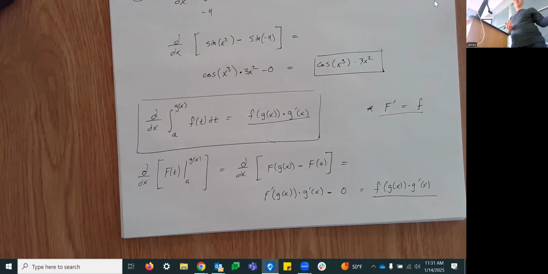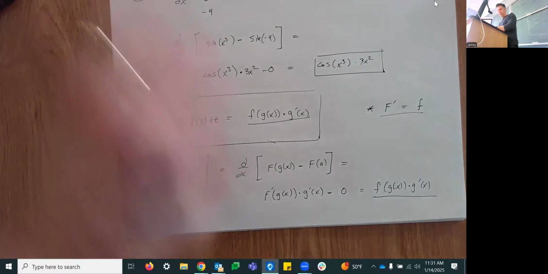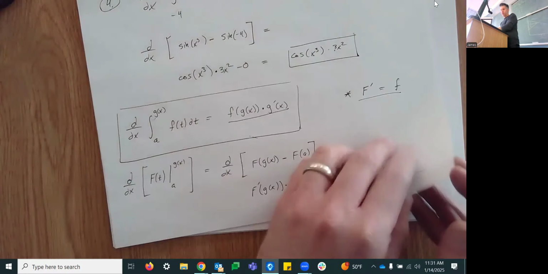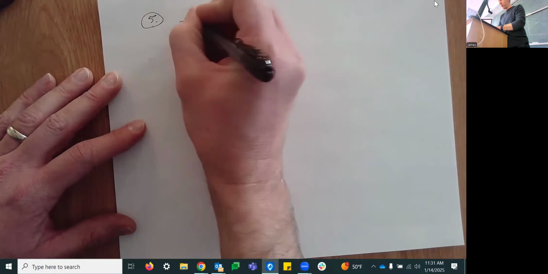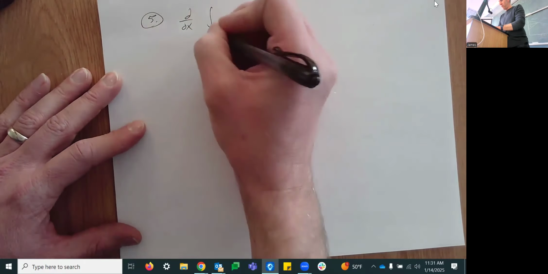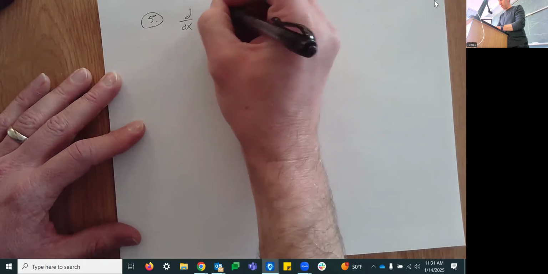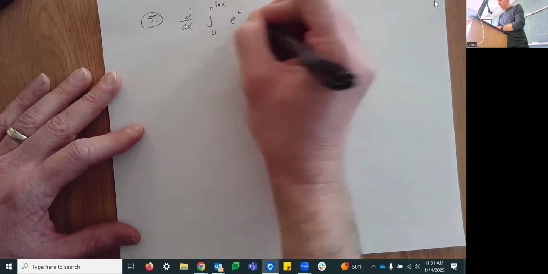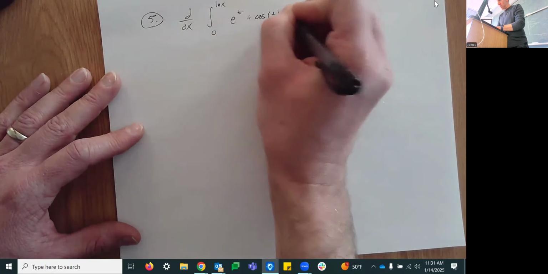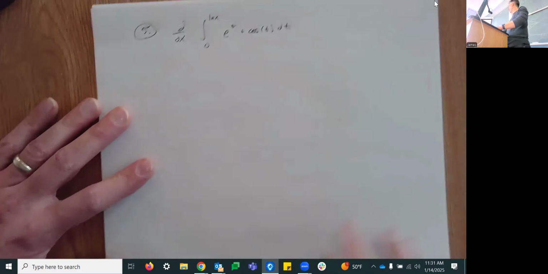But then we can answer all sorts of questions. I'll do one first. Say we want to find the derivative of the integral from 0 to the natural log of x of e to the t plus cosine of t dt.